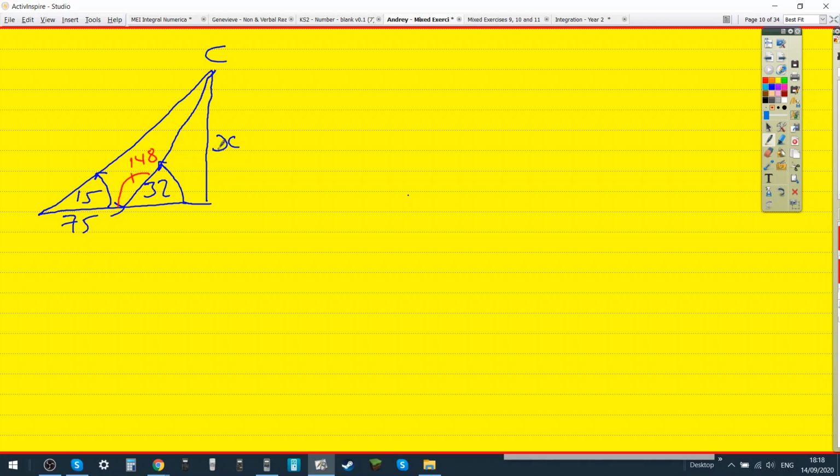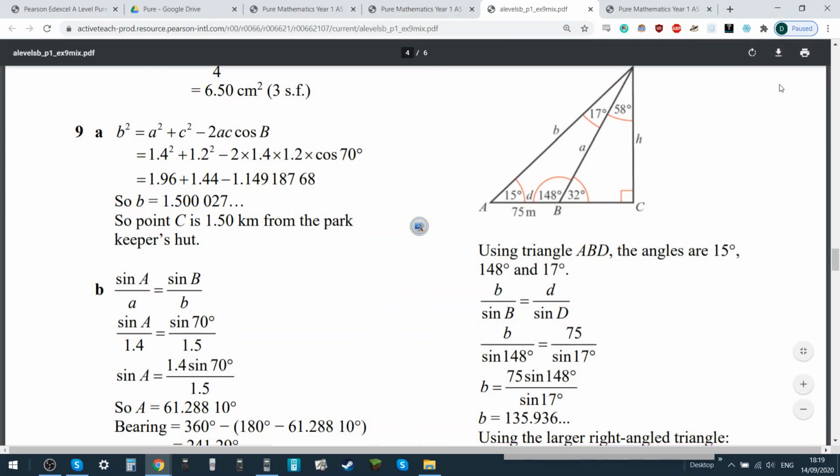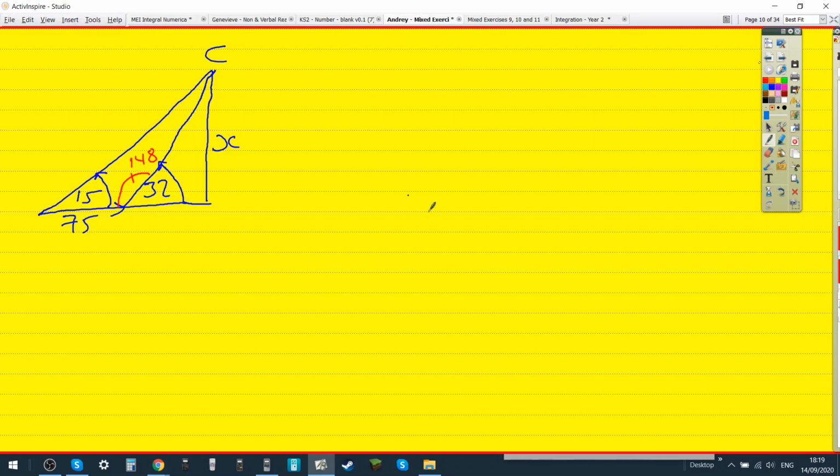Let's see. So how can we find some missing side or something? Hang on. We can actually.